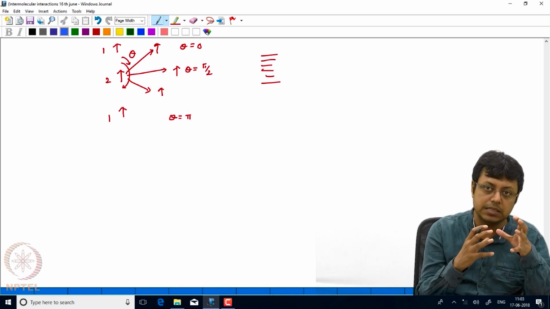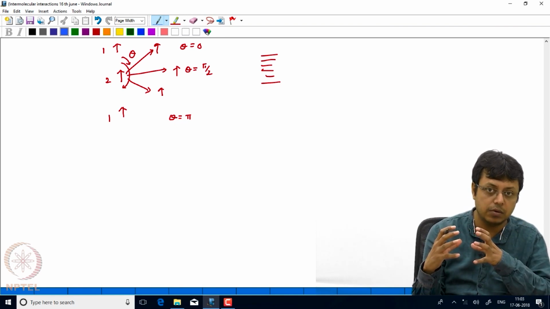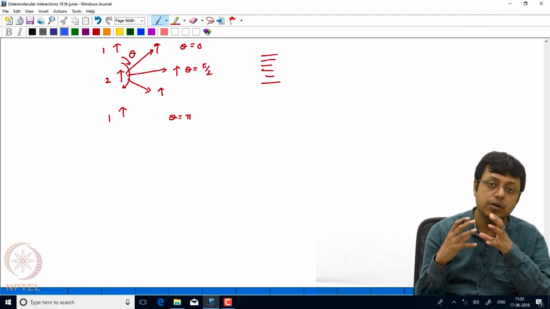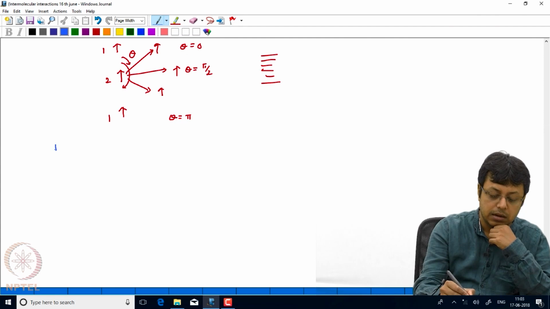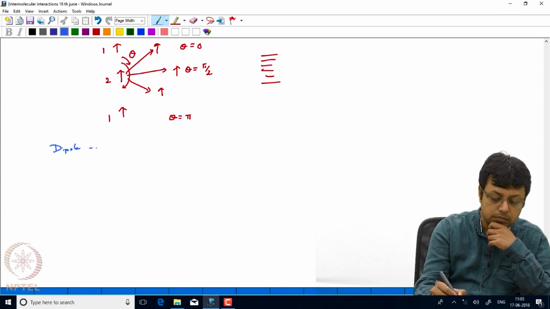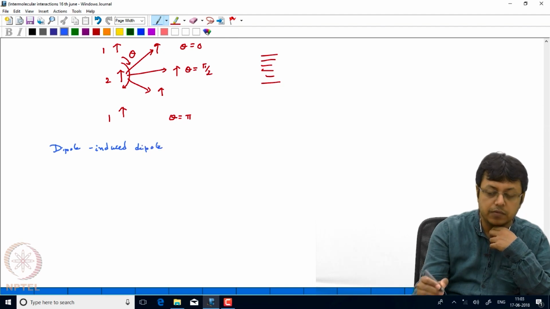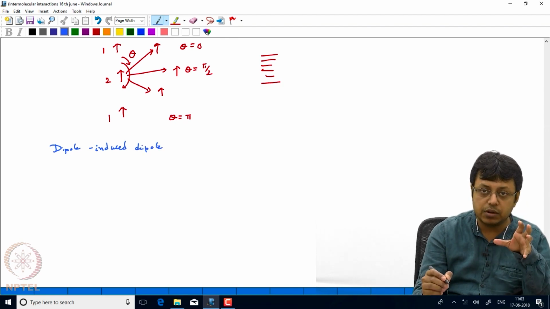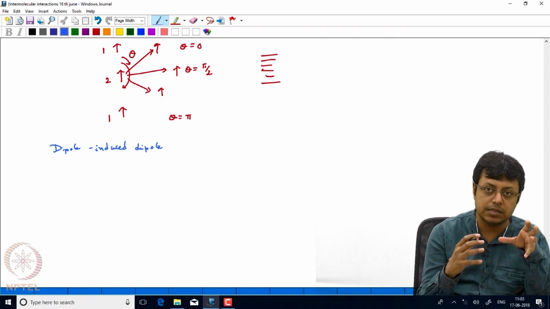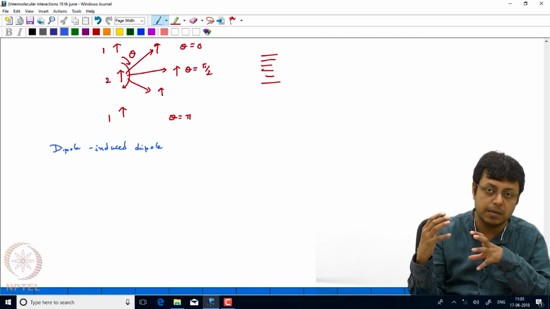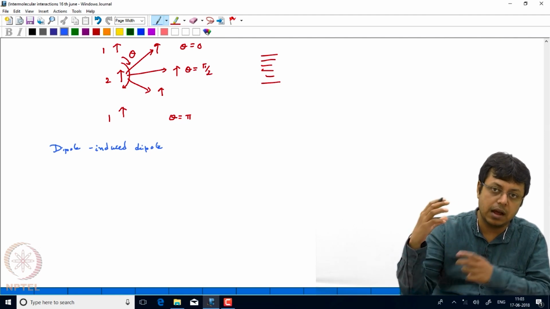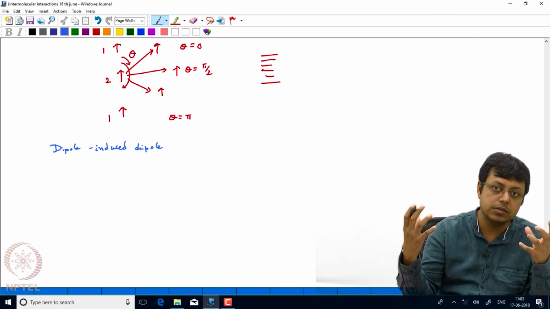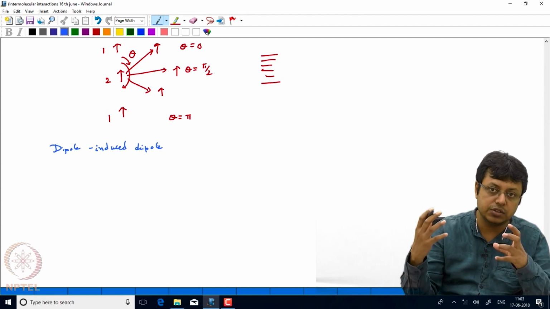The permanent dipole of water will try to polarize the electron cloud in benzene, and then we'll have a dipole-induced dipole kind of interaction. That interaction also you can think of as one part being the dipolar part, the other part coming from the polarizability part. But after all, it's interaction between two dipoles, with all this orientational averaging.